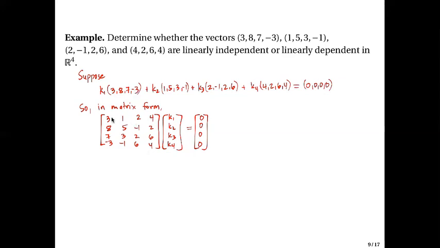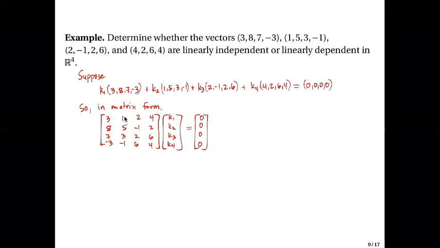And you know that if you have something like this in a matrix equation, the entries in the first column are multiplied to the first entry of the vector.